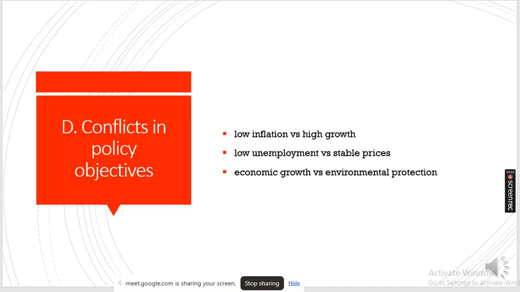You should take note, countries whose prices of goods are very high, the economy also grows, because it means people who do business will be making a lot of money. That's the understanding. Another conflict could be low unemployment versus stable prices. We want prices to be lower, but people are not employed. Then it's not possible to achieve those objectives.